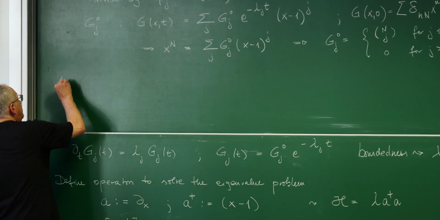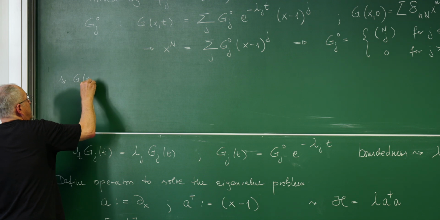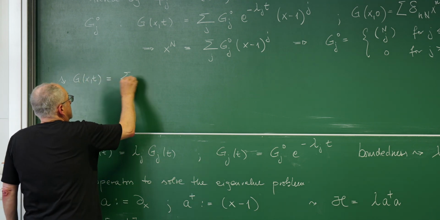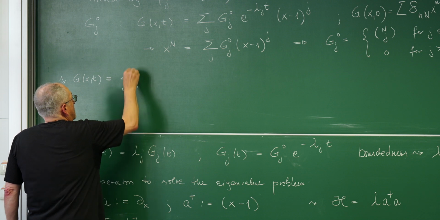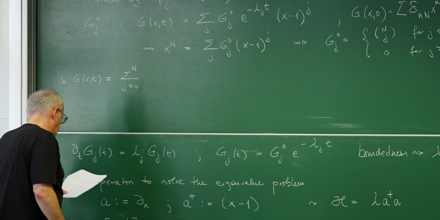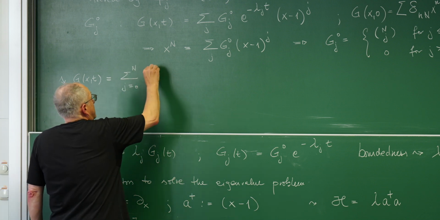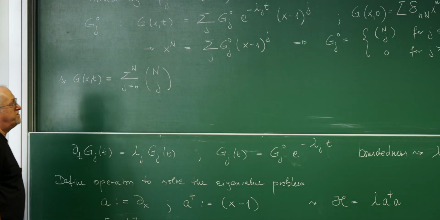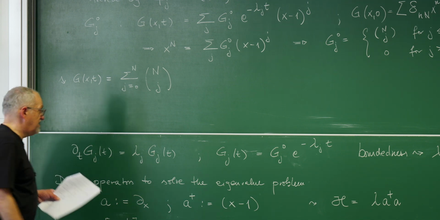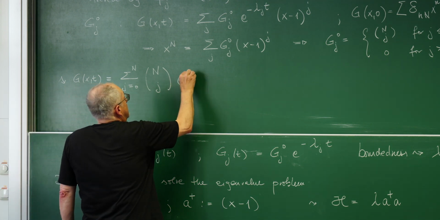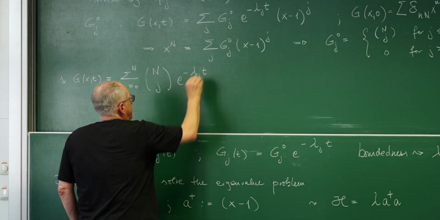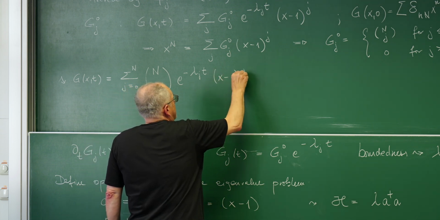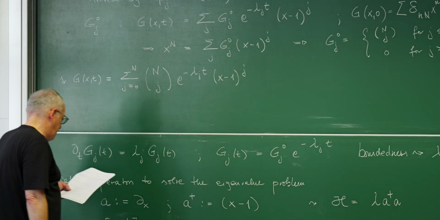But then once you have that, you find that the full solution is the sum over all different states that you have in the system. Then your initial values, meaning the binomial coefficients, times e to the minus lambda j t, times (x minus 1) to the power j.